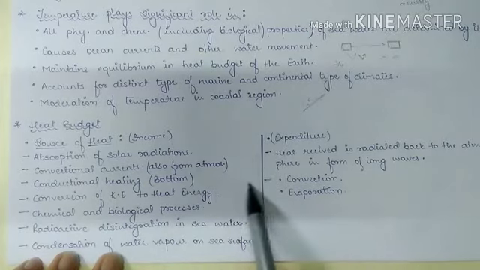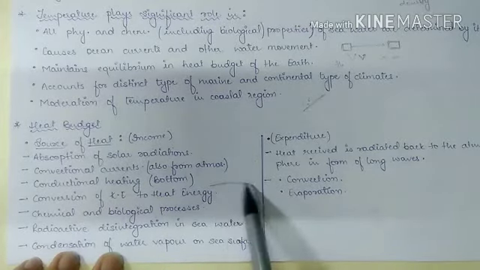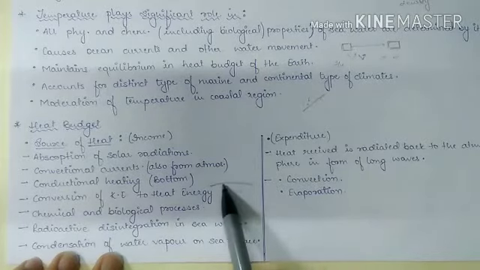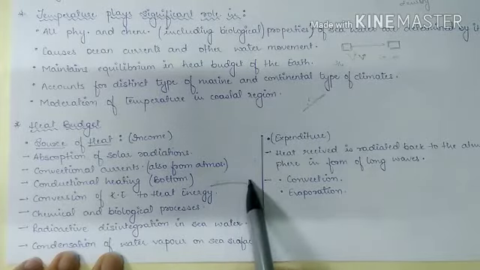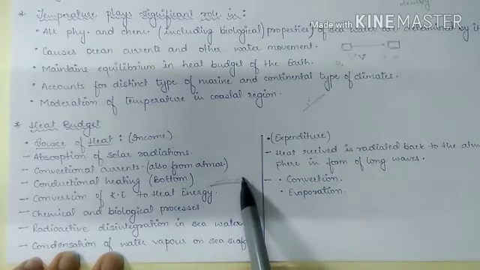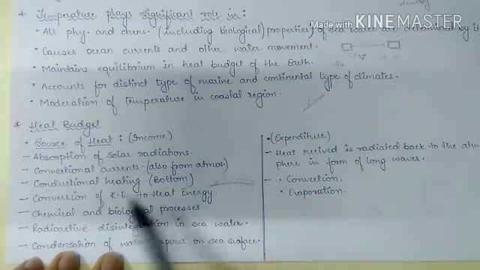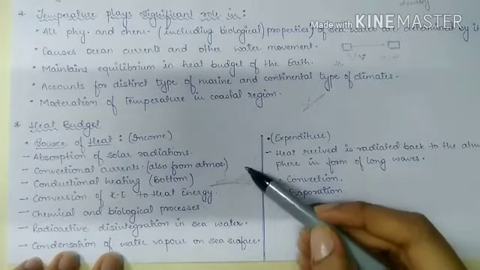Next we have conductional heating. See, we have the bottom surface of the ocean. Due to various reasons, geothermal heat is evolved at this bottom surface, and this geothermal heat is transferred via conduction, so the water is heated up.